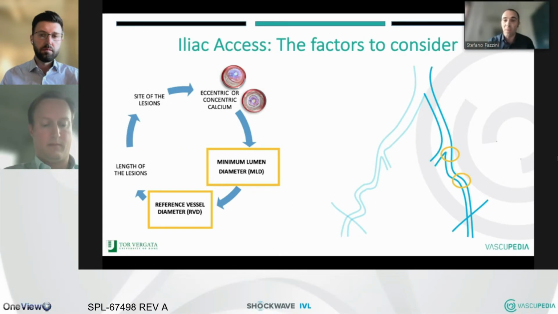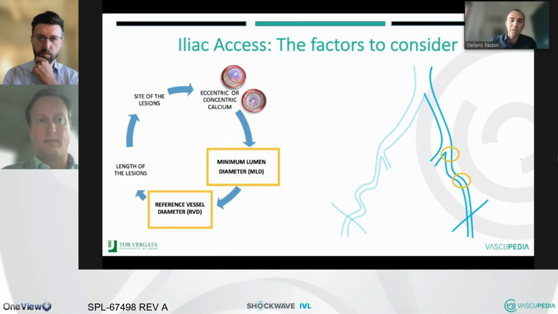The minimum lumen diameter is the most important, above all for concentric lesions. The reference vessel diameter is, of course, important to choose our endograft and also to size the IVL, along with the length and the size of the lesion.